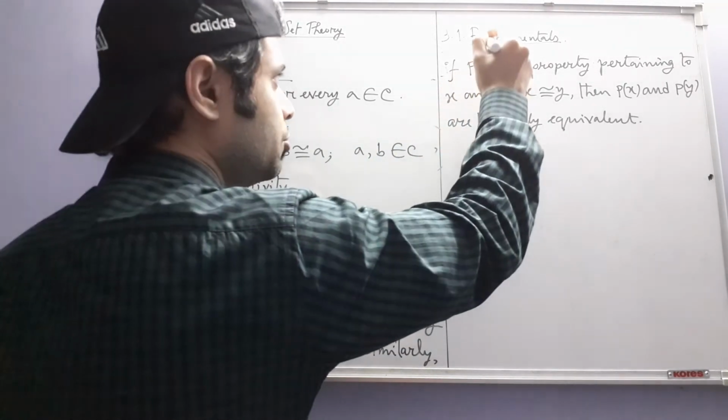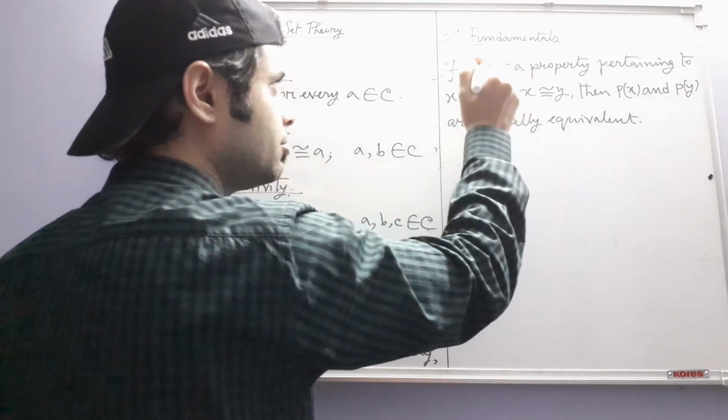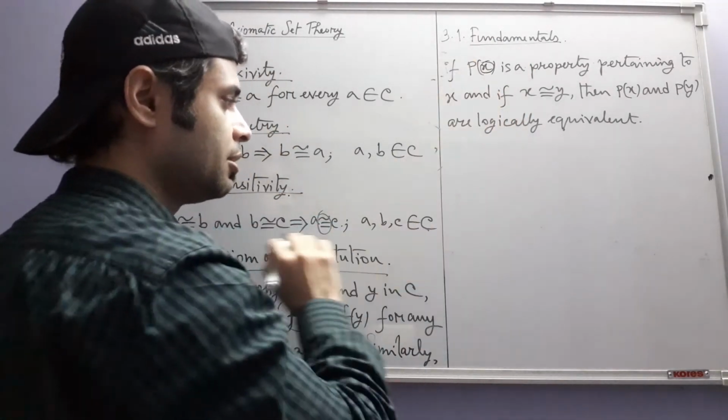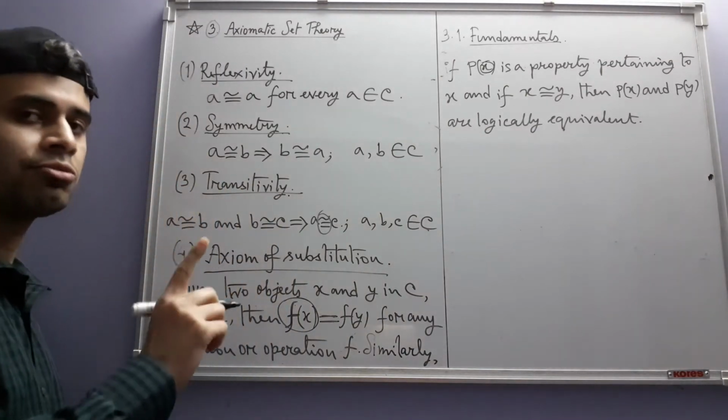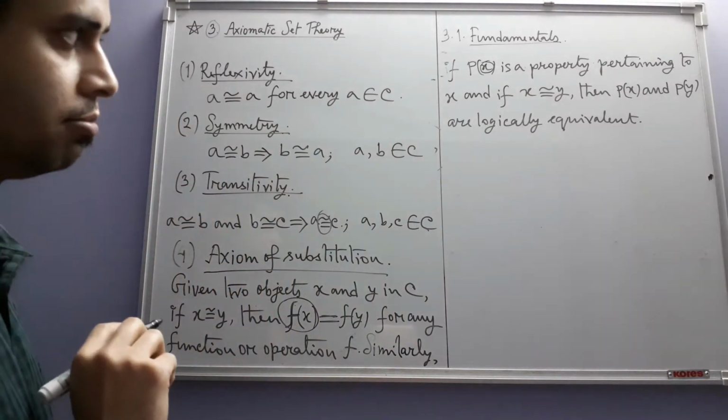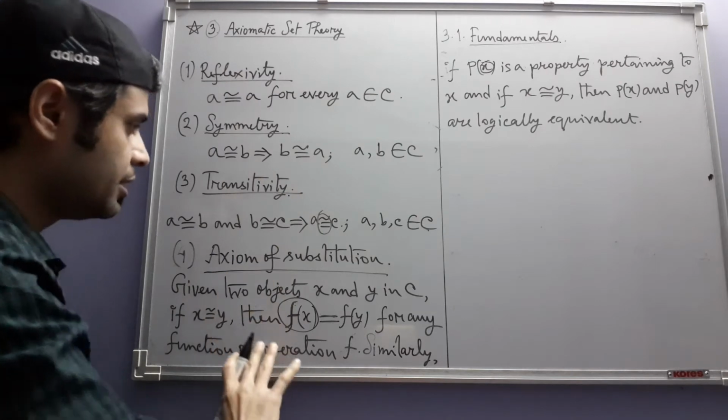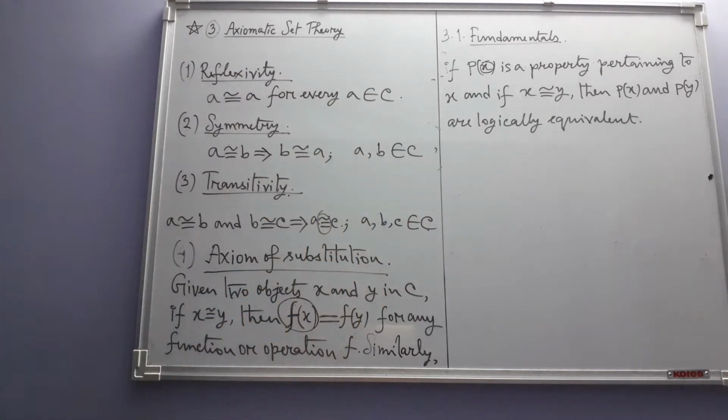Once you put some specific value of the object in this statement, that statement is either true or false. In other words, it's a well-defined statement. So these four things should be there in any concept of equality.